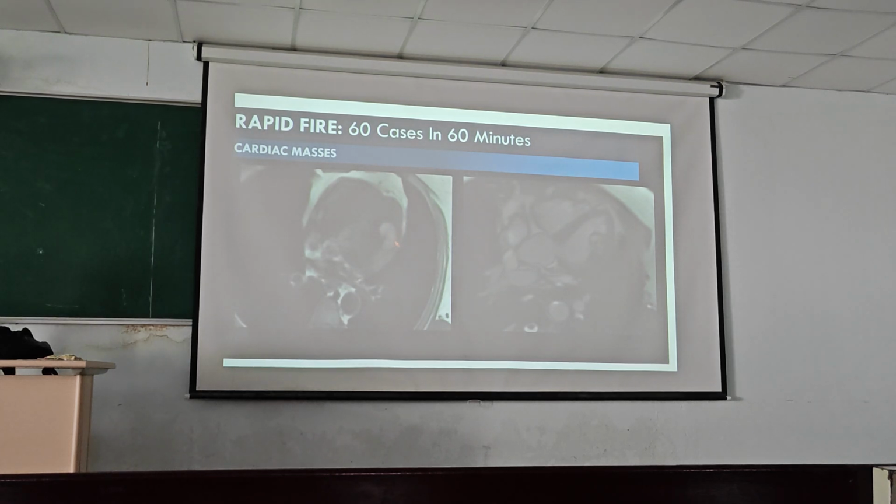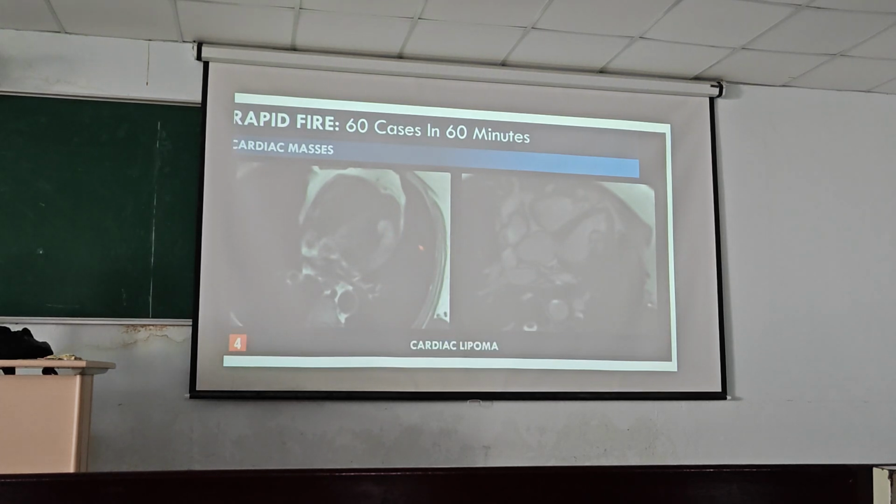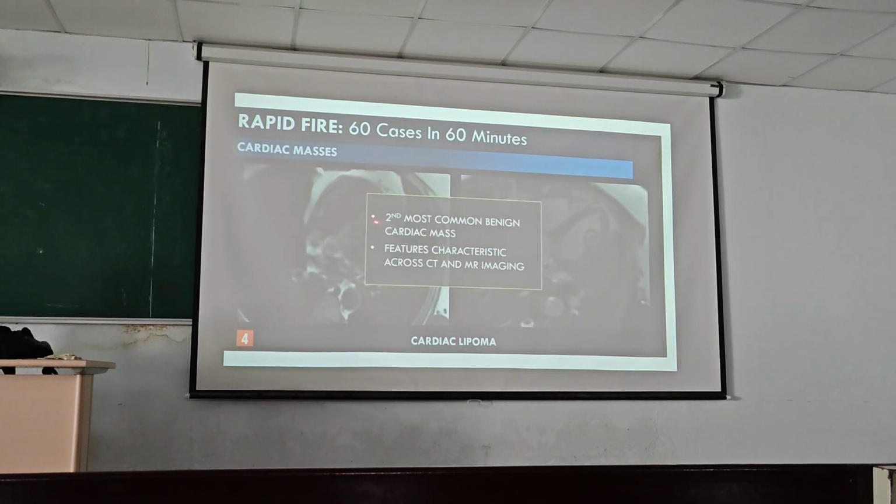This lesion right here is a cardiac lipoma. It's pretty common too. It's the second most common benign cardiac mass.